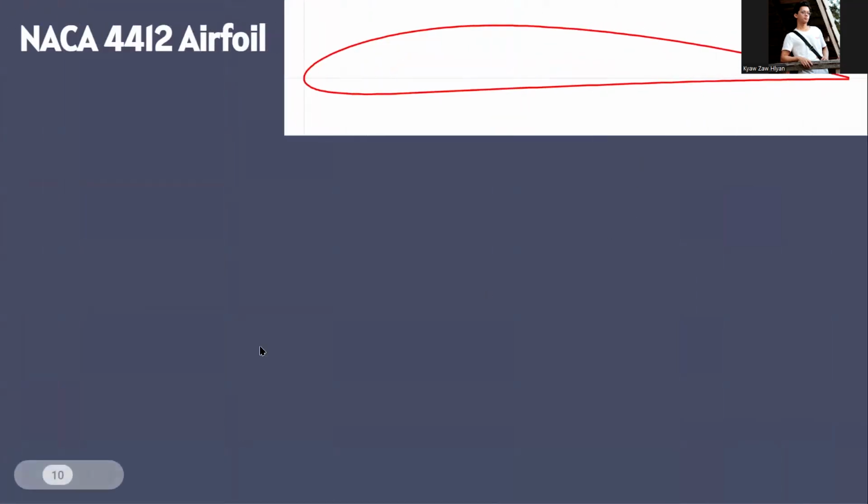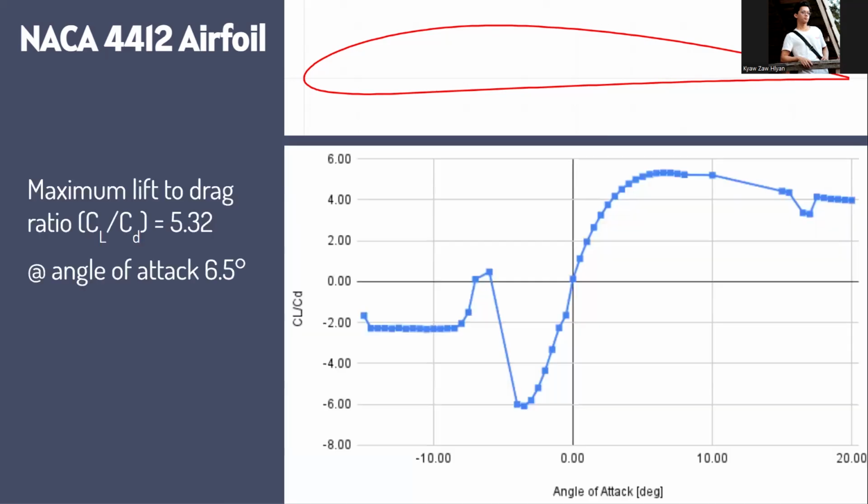We will use a standard airfoil, which is NACA 4412. According to our literature review, the NACA 4412 airfoil has the highest lift-to-drag coefficient ratio among the other airfoils we typically use in small wind energy systems.